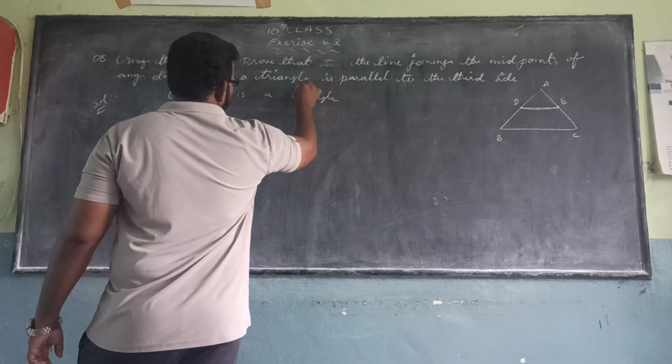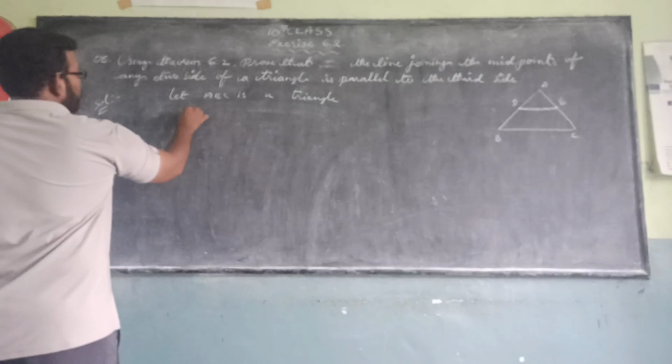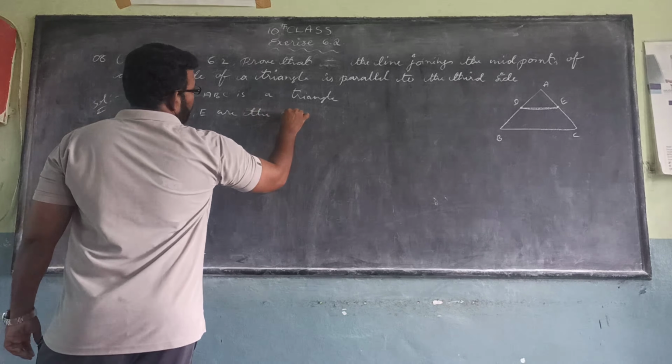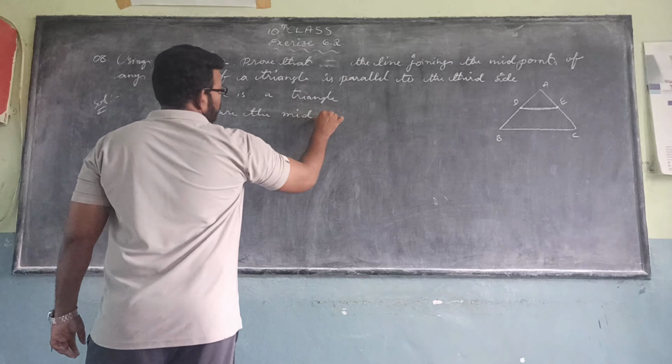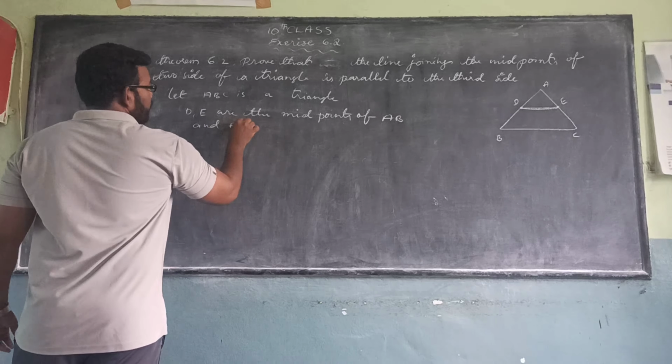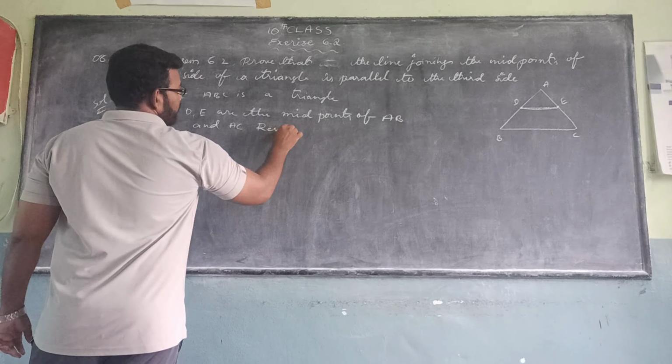Solution: let ABC be a triangle, and D, E are the midpoints of AB and AC respectively.